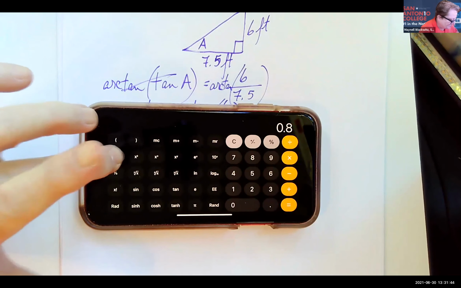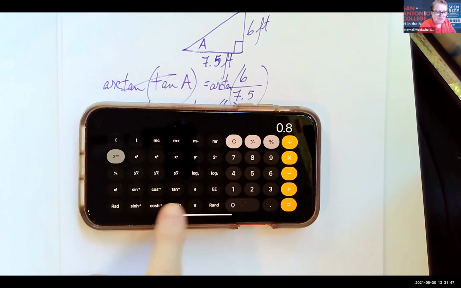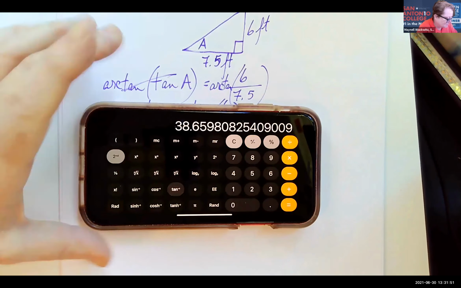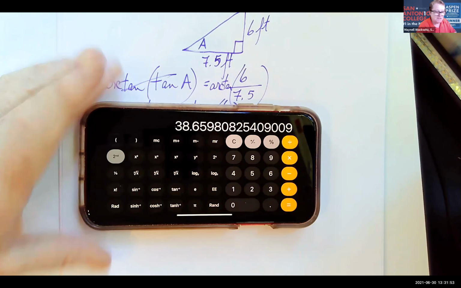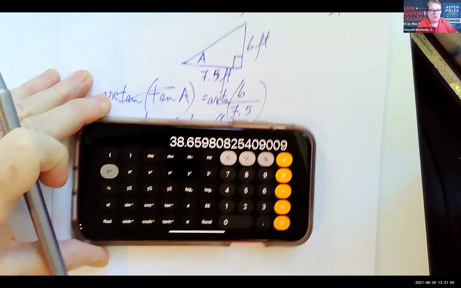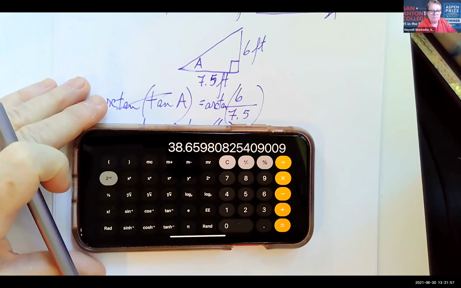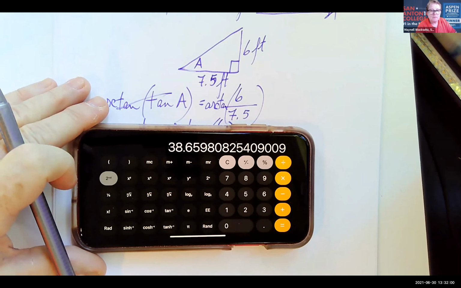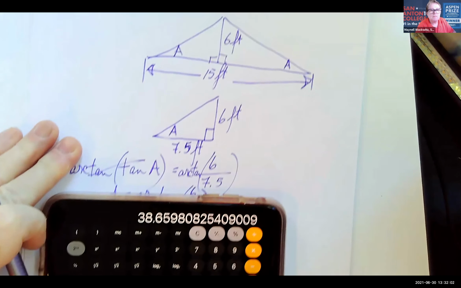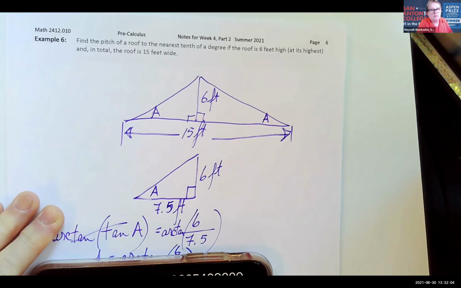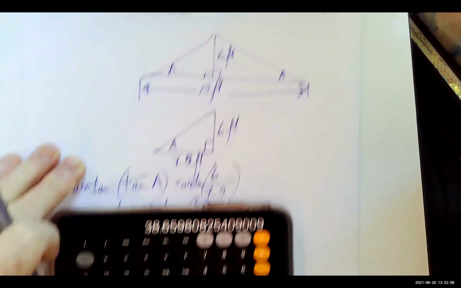And when I press it, all of the trig functions become inverses. So I can press the inverse trig and I get 38.65. How accurately did they want to know that angle? 10th of a degree. 10th of a degree.